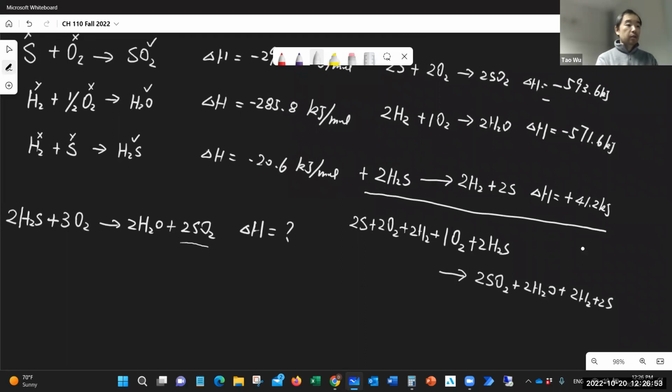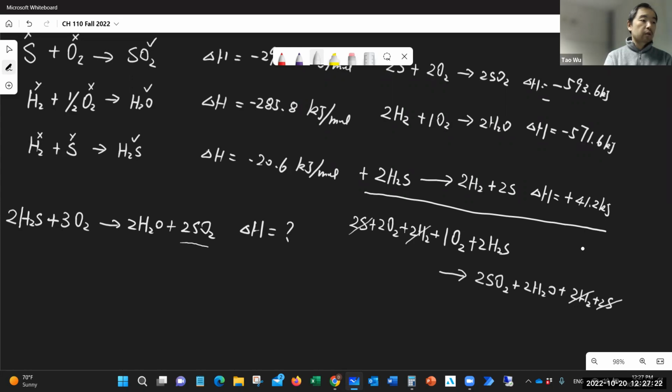Okay, so now this is what we add up over here. And then let's see if there are any common things on each side. Yes, 2 hydrogen, and you cancel with 2 hydrogen over here. 2 S and the 2 S are canceled. Then there are no other common molecules.